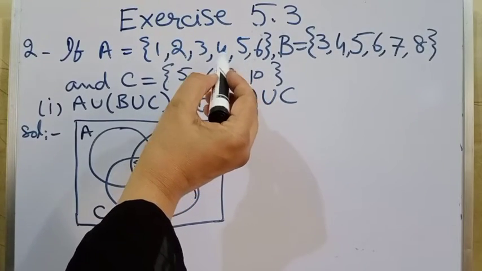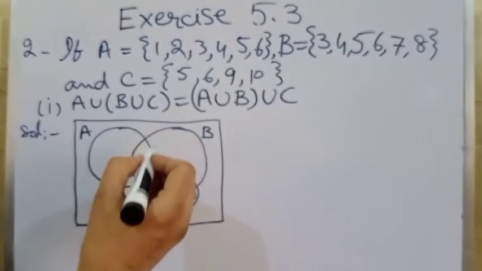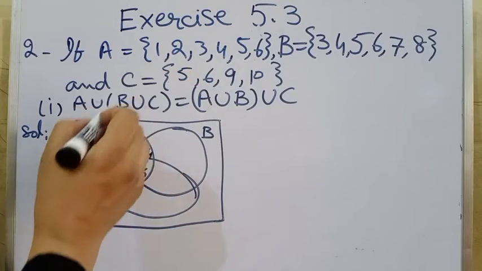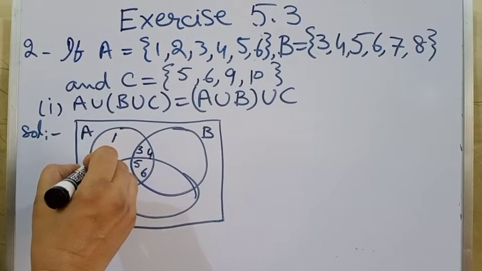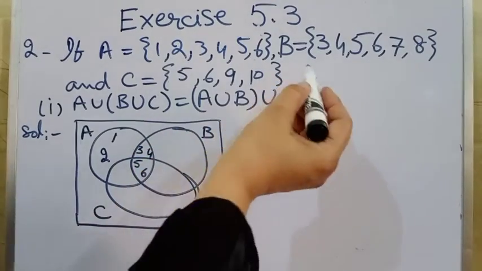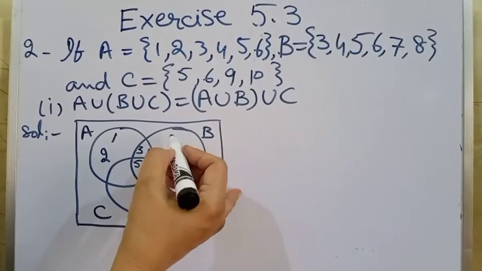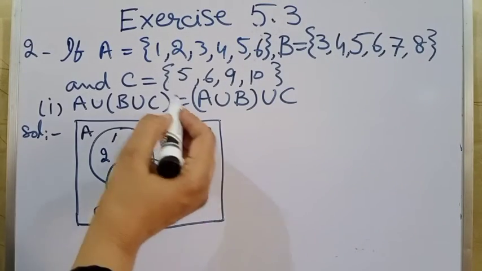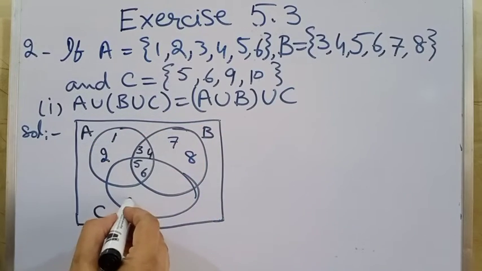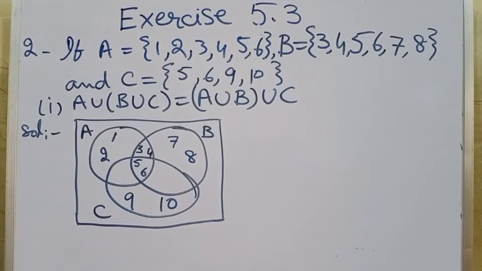We have to write the other elements. 3, 4 are common with set B, we write them here, and 1, 2 are not common in these 3 sets. So we have 3, 4, 5, 6, and 7 and 8 are remaining. Next, set C has elements 5, 6 and 9, 10. 9, 10 are not common in these 3 sets.